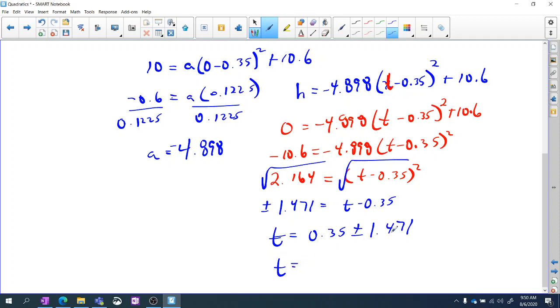It can't be the subtract because that would give me a negative time, so it must be 0.35 plus 1.471, giving me a time of 1.821 seconds. There's how long it would take them to hit the water.